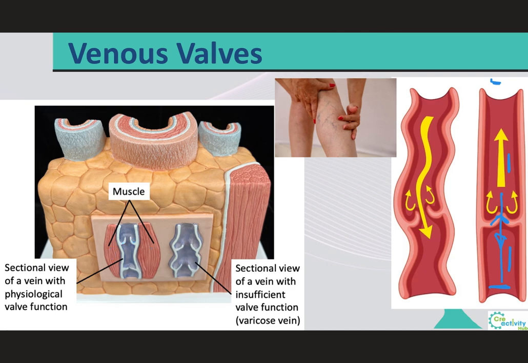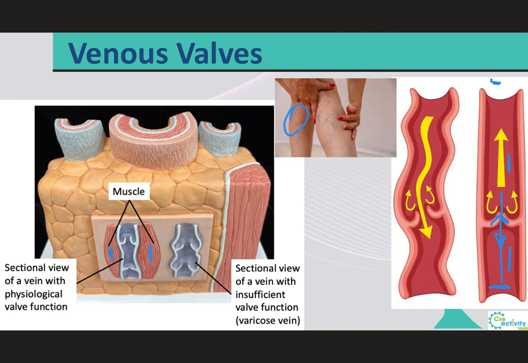So for example, when you're on an airplane sitting for a very long period of time, the muscle pump isn't working. And this is why, when you get off the plane after a very long flight, your feet are swollen. Let's say these muscles over here represent the gastrocnemius, which are your calf muscles.